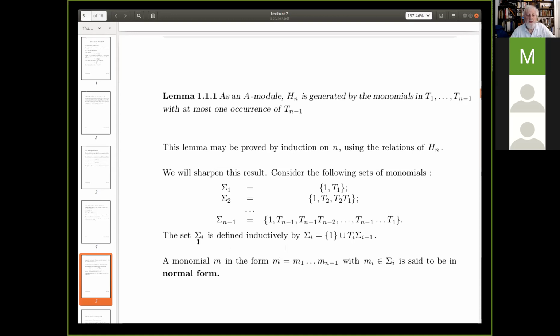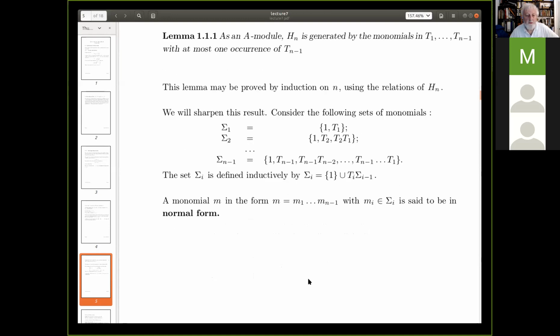And then sigma i we get from sigma i minus 1 by adding the identity element and Ti times sigma i minus 1. So a monomial M in the form M1 up to Mn minus 1 with Mi in sigma i is said to be in normal form.